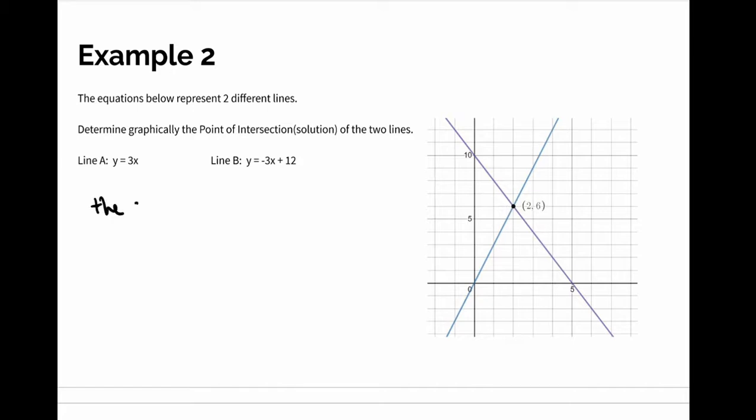So here, all it's asking for is the solution. So the solution is 2 and 6. Or you could say the point of intersection is 2, 6. There's no word scenario to it, so we don't really have to go any further than that.